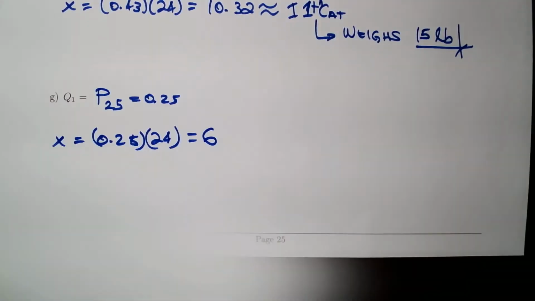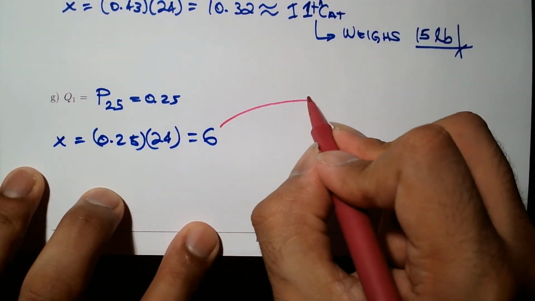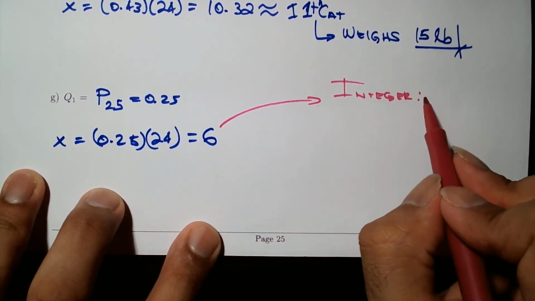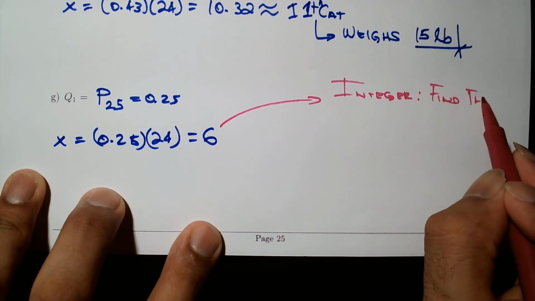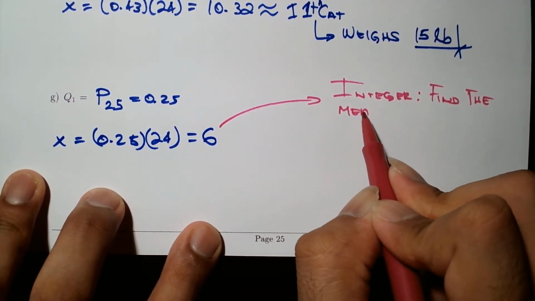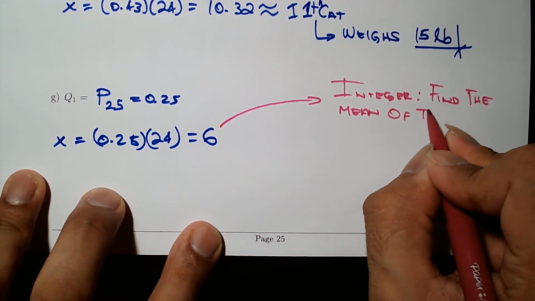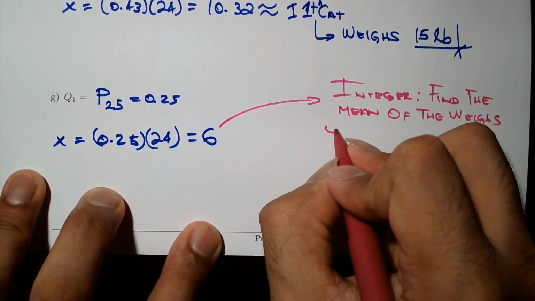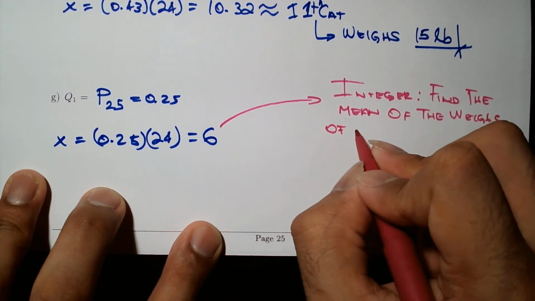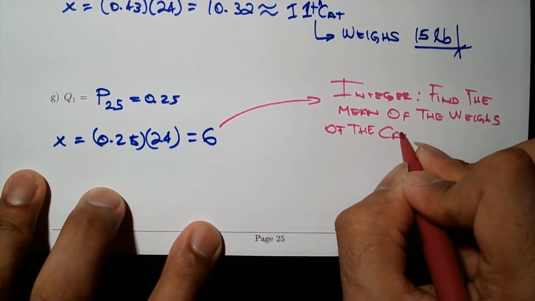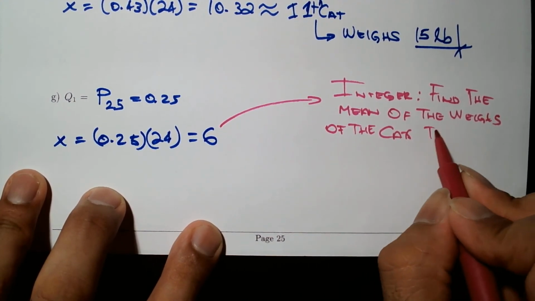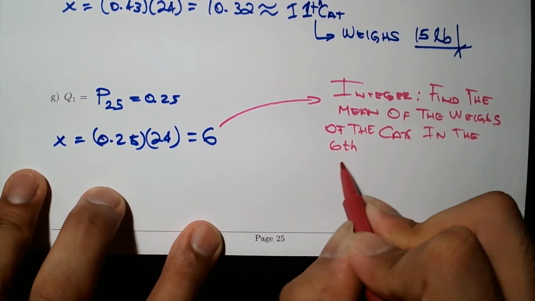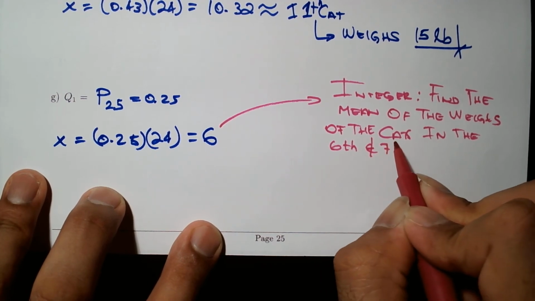So in this case, we got an integer, so we find the average, or the mean, of the weights of the cats in the sixth and the next one, seventh position.